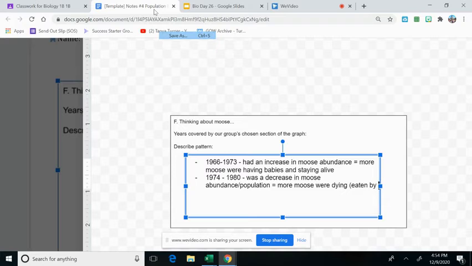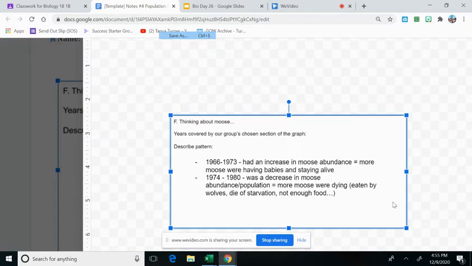Eaten by wolves, dying of starvation. What else? Not enough food. Things like that. Okay, so I think that's everything on that one.